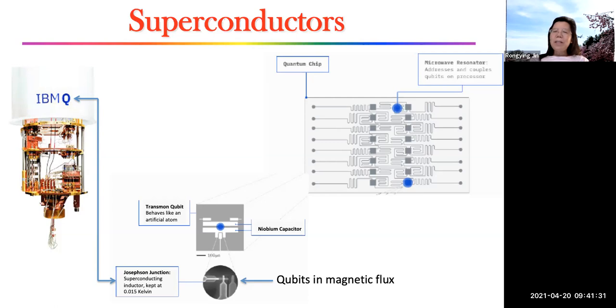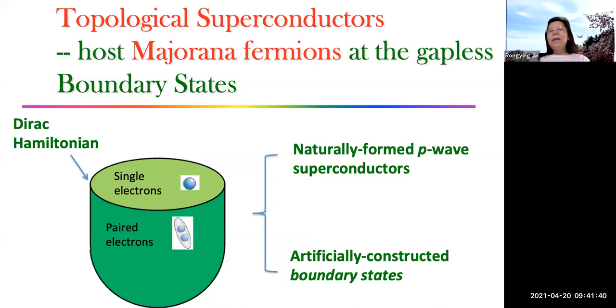Here, people use magnetic flux to build qubits. Among superconductors, it's also a big family. It's over 100 years old.